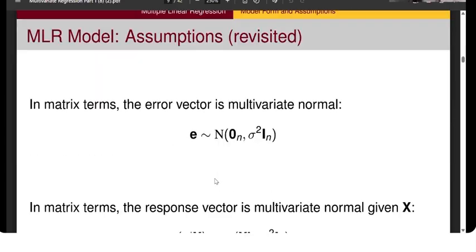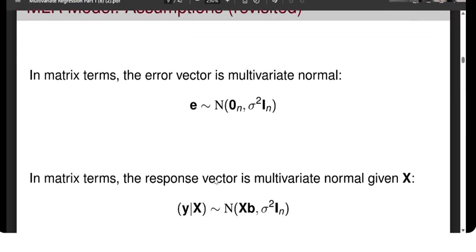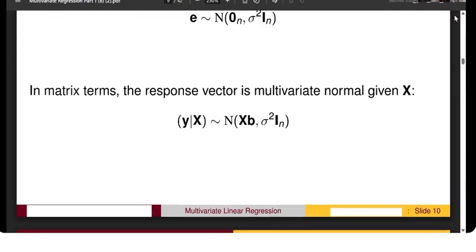Now, just like the way we specified the assumptions of the error when we had a scalar representation, we're also going to have the assumptions of the error when we use a matrix, which reflects a multivariate normal. Take a look at that. That's multivariate. Please pay attention.